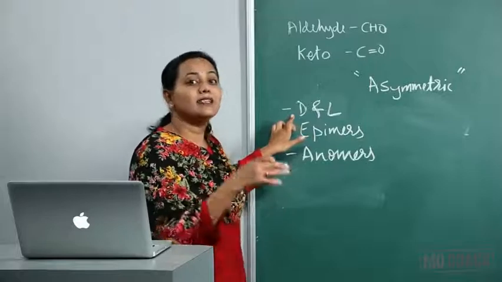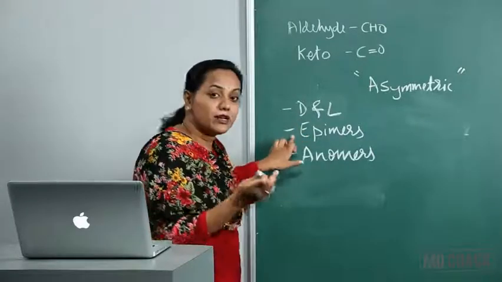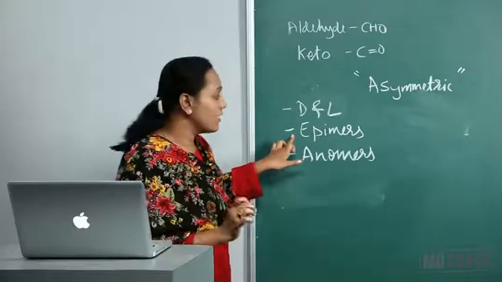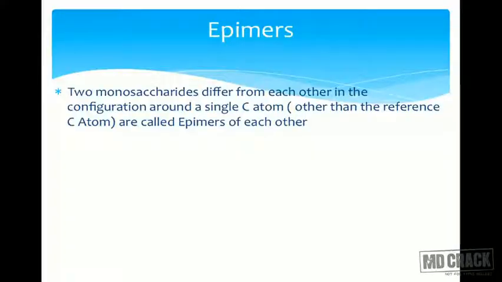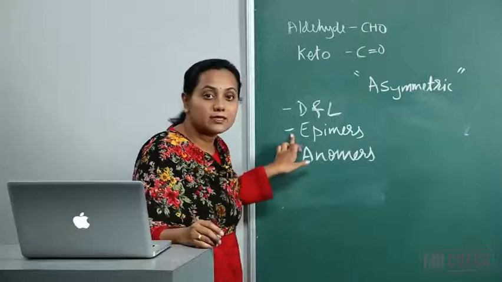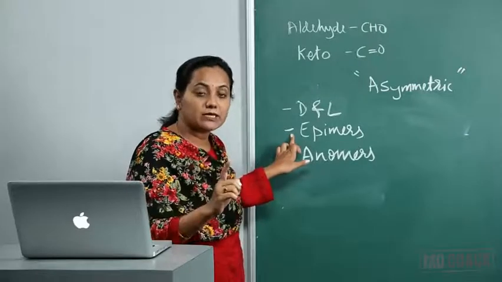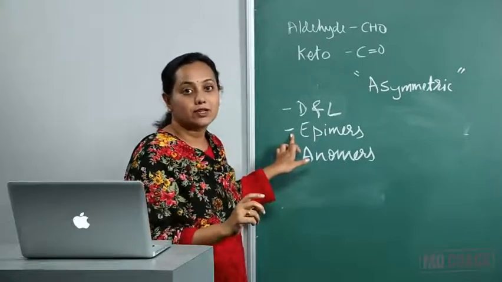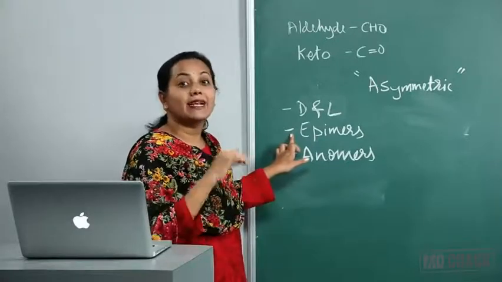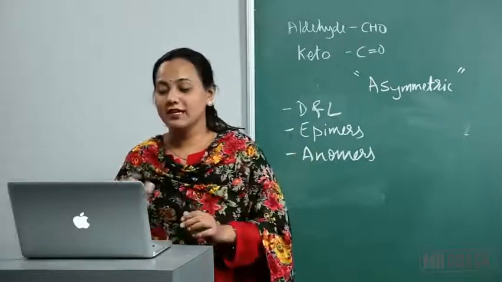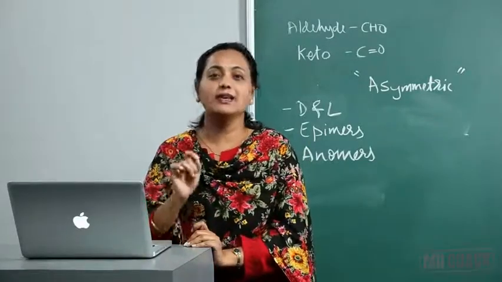So other than the D and L carbon atom, if they differ around a single carbon atom, then we call them epimers. For example, why do we need to know this? Example is, we can see here, glucose and galactose are epimers of each other. But to be more specific, D-glucose and D-galactose are epimers of each other, whereas D-glucose and L-galactose are not epimers of each other. So the importance here is they differ around a single carbon atom.